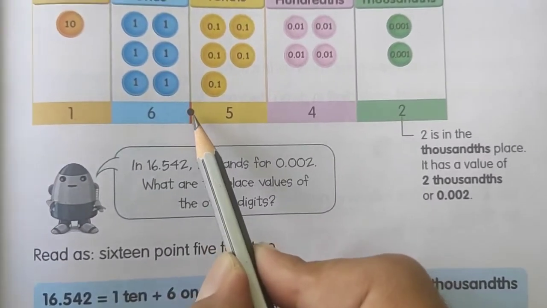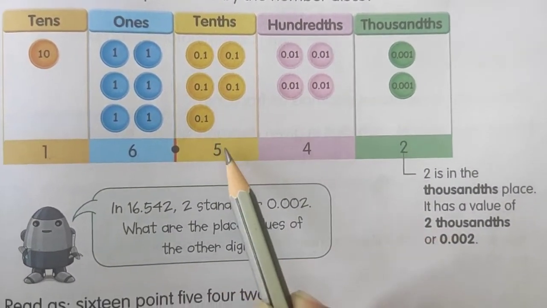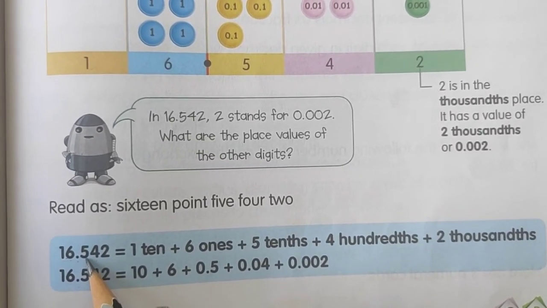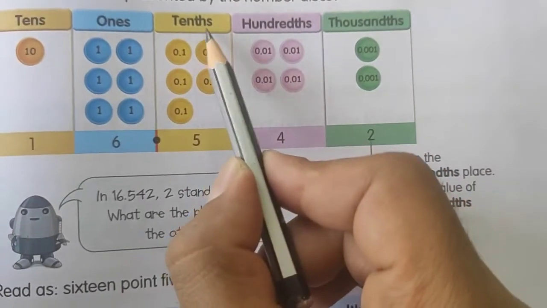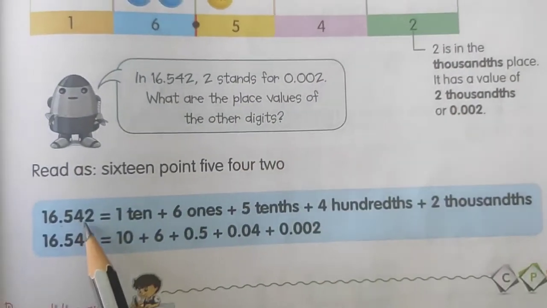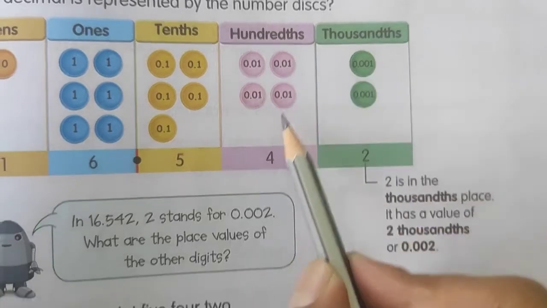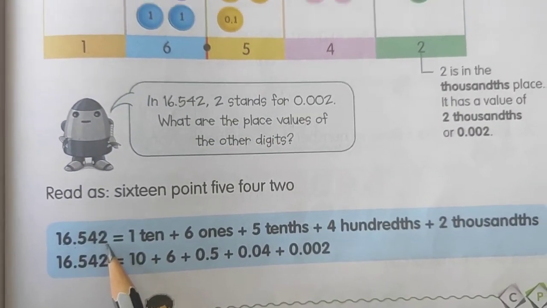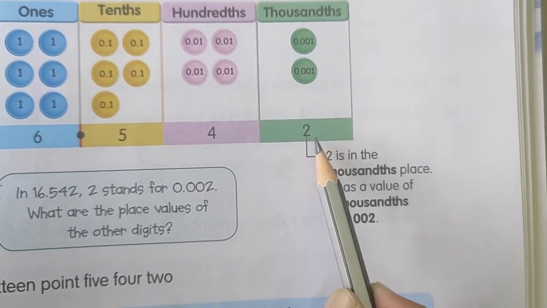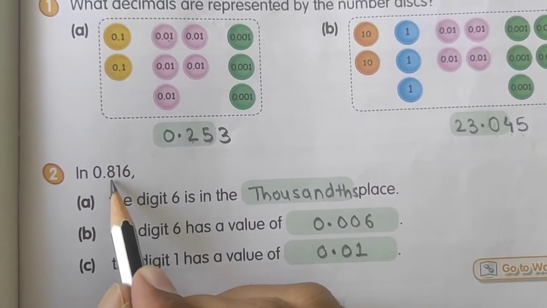See, here the decimal point is shown. Now this 5, which is toward the right hand side at the first place, is at the tenths place. Then as we move, 4 is at the hundredths place, and 2 is at the thousandths place. So like this you can solve this example.